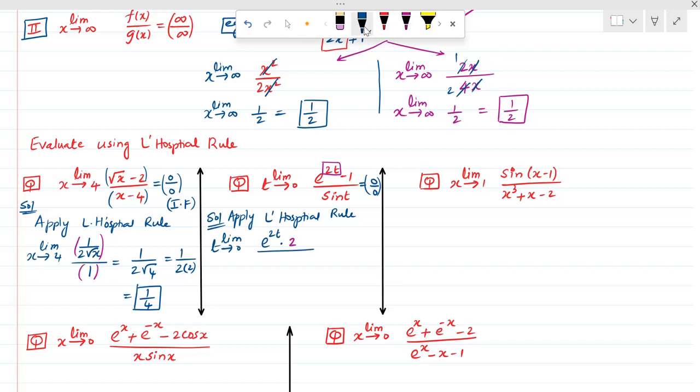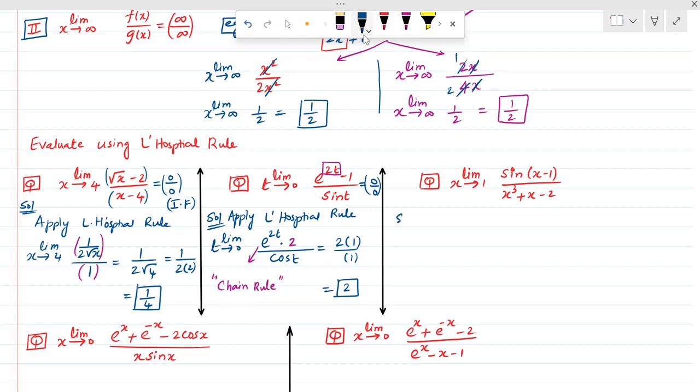Denominator is what? Sine t, which is cosine t. Now apply the limit. You will have 2 times of e power 0, which is 1, over cosine 0, which is 1. So the answer will be 2. So here we are using the chain rule for differentiating because it is e power 2t.